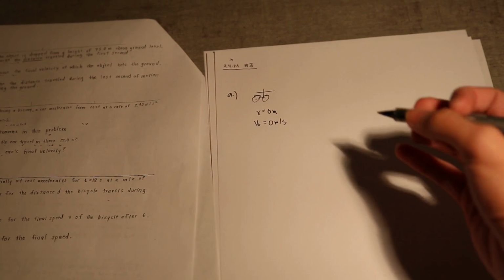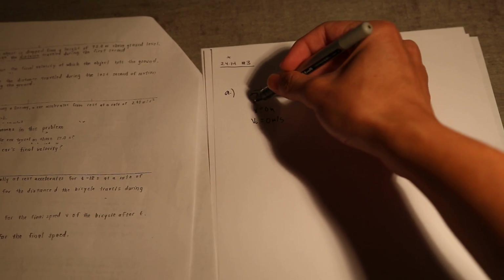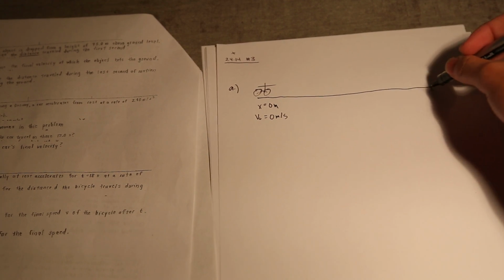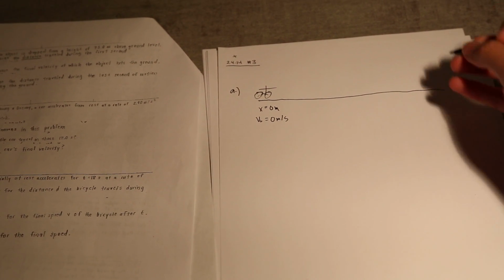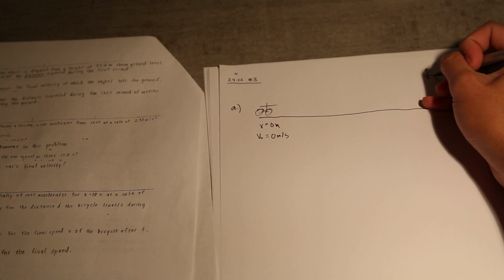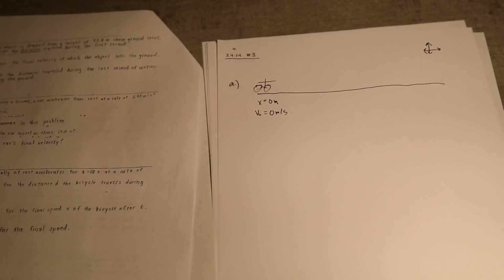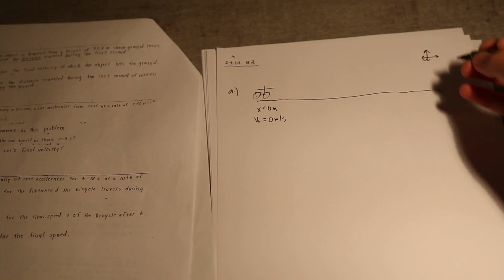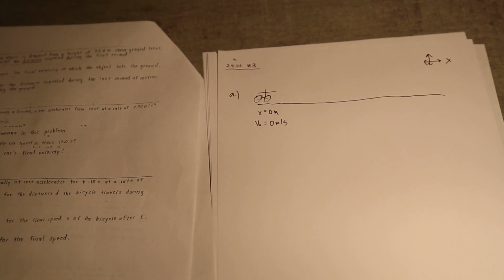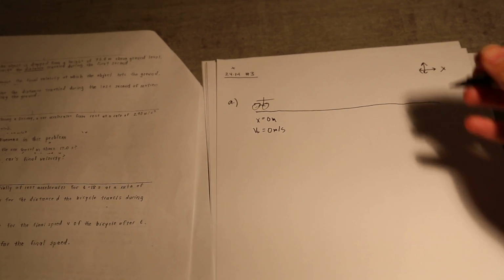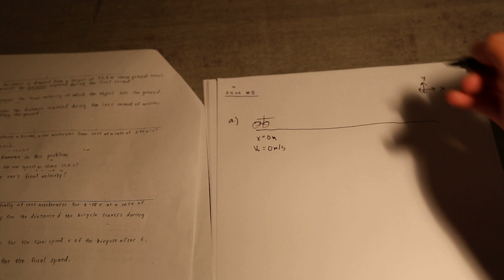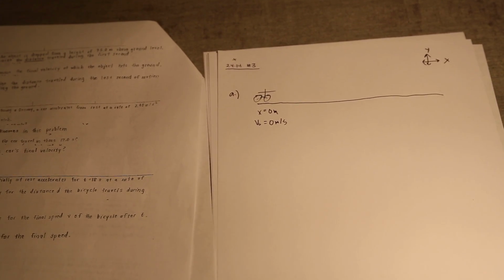We're going to draw the track that the bike is traveling on, and label our coordinate system. Positive x is going to point in the rightward direction. And this doesn't really matter, but y is going to point upwards. So I'm using a normal coordinate system.